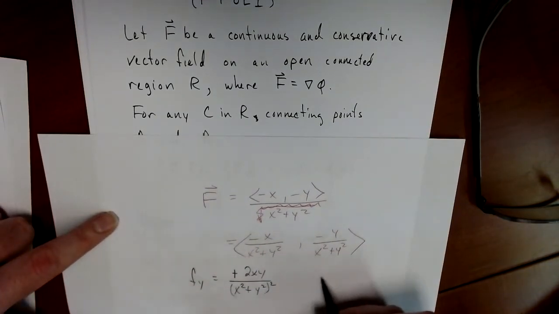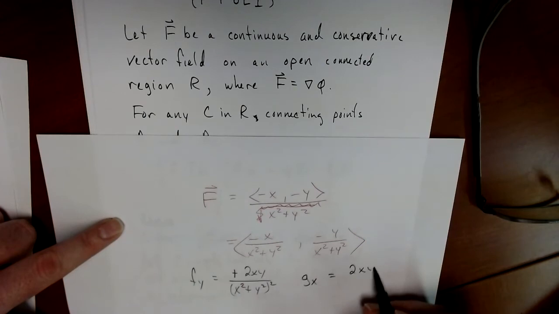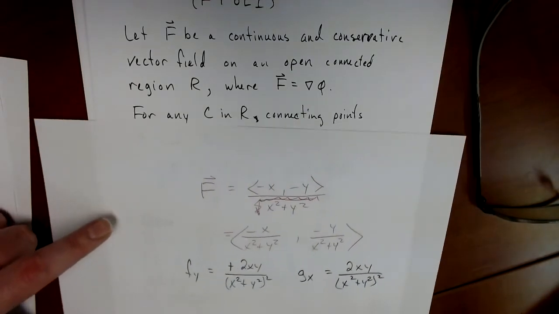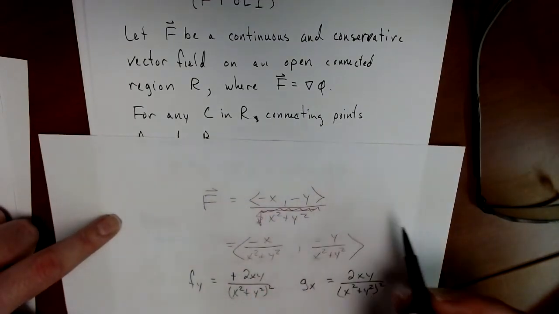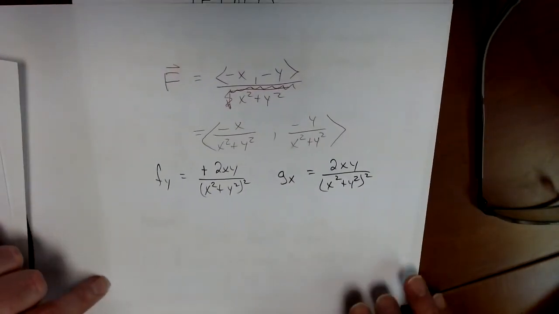If I take gx, I get the same thing, though. I'm going to get 2xy over x squared plus y squared, squared. So gravitational fields, any constant multiple of this isn't going to change the fact that these guys are equal.